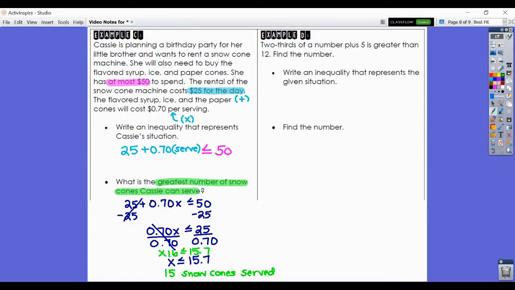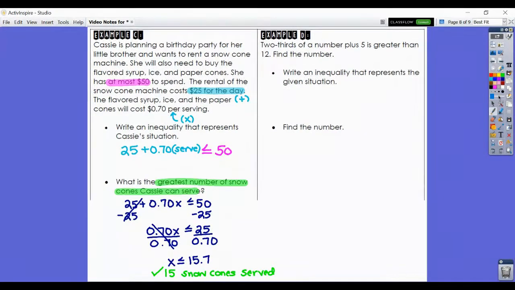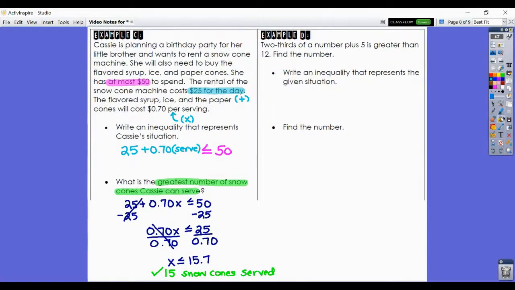That's an untrue statement. So that's why I have to go down to 15 to make it true. She will have a little bit left over, but not quite enough to make one more snow cone there. She has to make sure she has enough for a full snow cone. Don't want to serve half or 0.7 of a snow cone. From here, let's do example number D, which is 2/3 of a number.